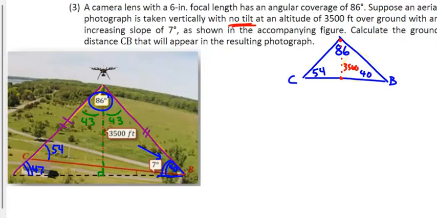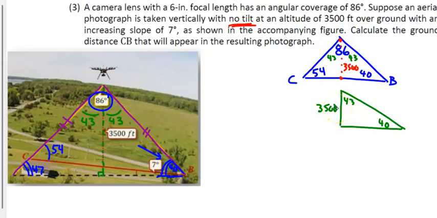And we're also told that this angle here is 43 and this angle here is 43. So if I look at the triangle on the right, I'm not calling it a right triangle, but this angle is 43, this angle is 40, this side is 3,500.